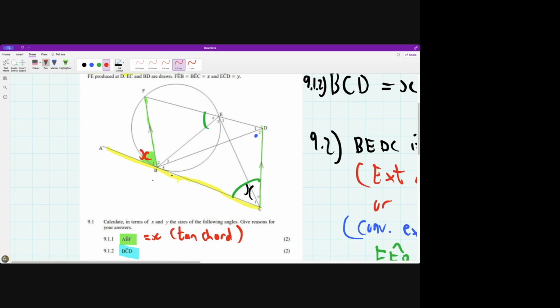If we look at BCD, BCD is down here. Here is BCD. And what I'm going to say is that this is also equal to X. And what is the reason going to be for that? Who can tell me what the reason is that this one over here is going to be X?